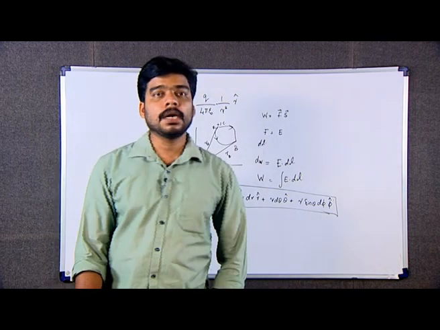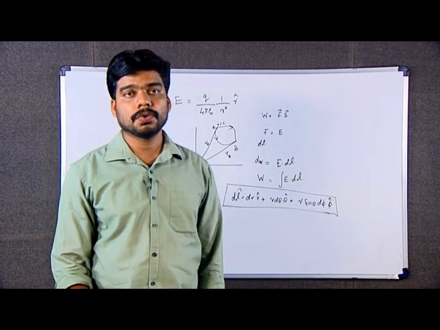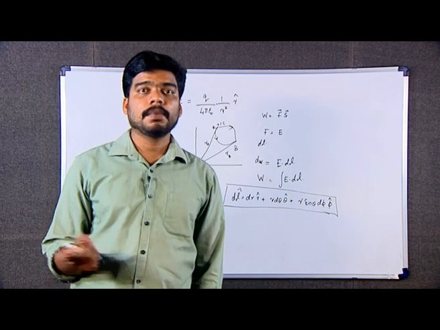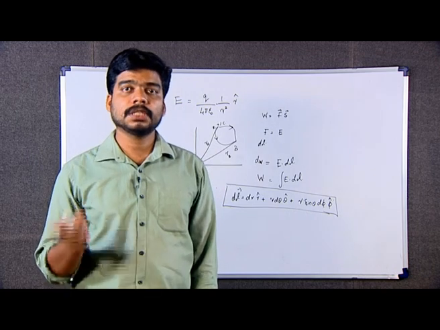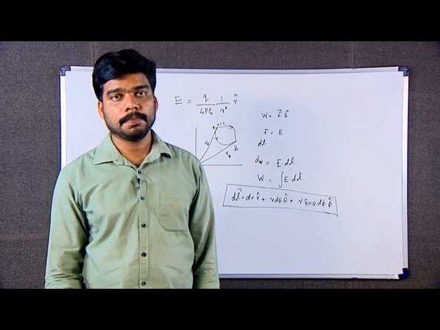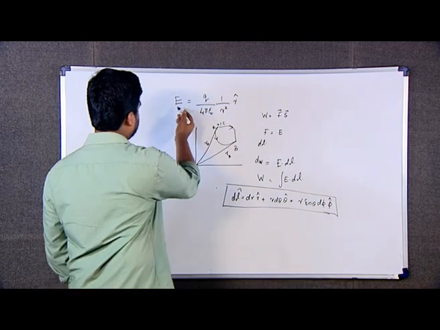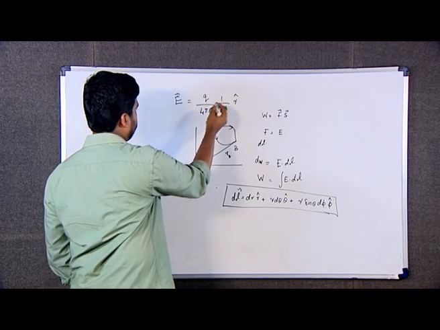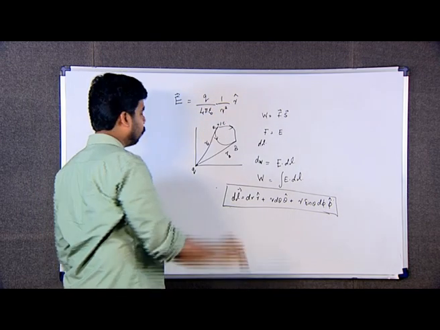So, if the curl of a force is 0, and if the work done by the force along a closed path is 0, then such a force field is a conservative force field. We know what E is: E is equal to q by 4 pi epsilon 0 into 1 by r square into r cap.